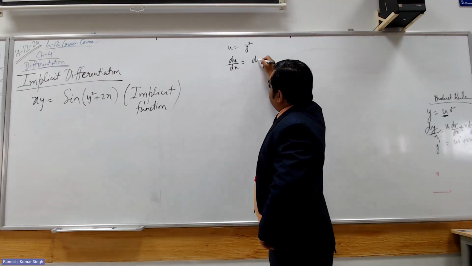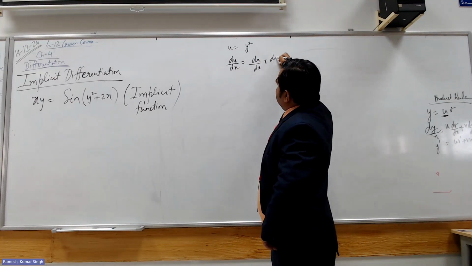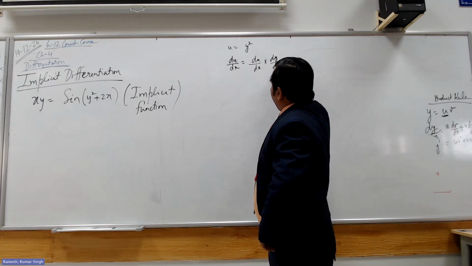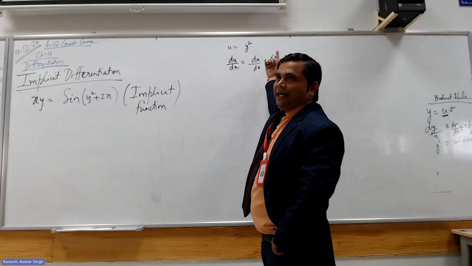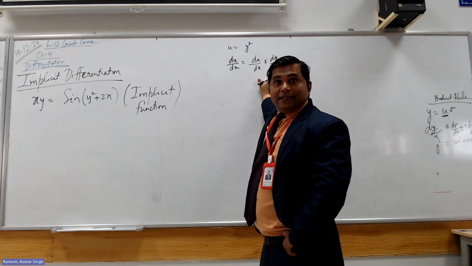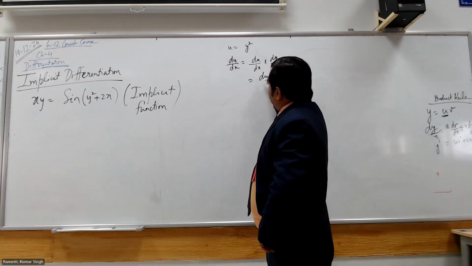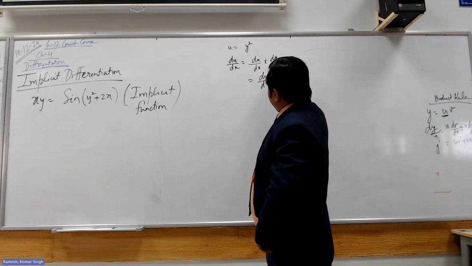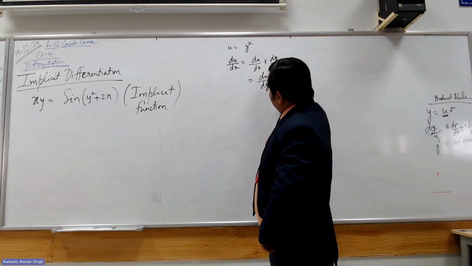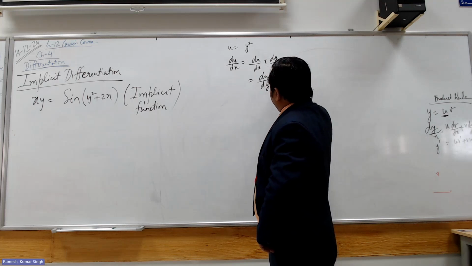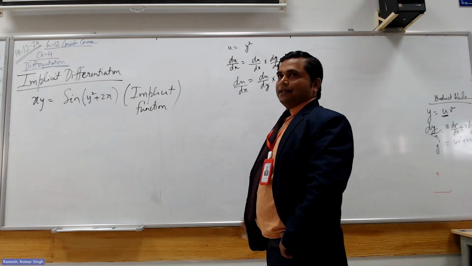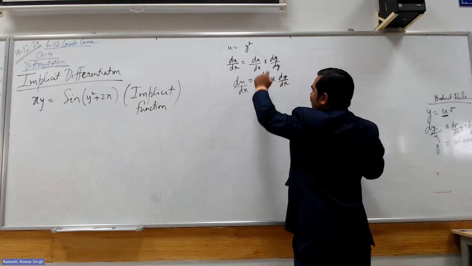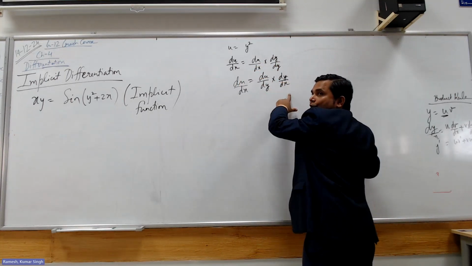We write du over dx times dy over dy. dy over dy is 1, right? Then we write it this way, du over dy times dy over dx. So du over dx is going to be du over dy times dy over dx.